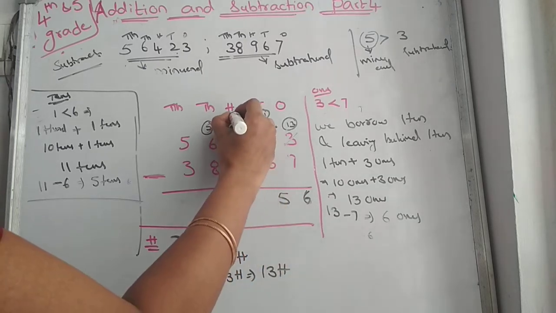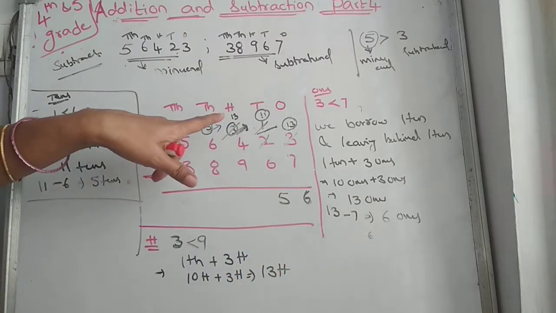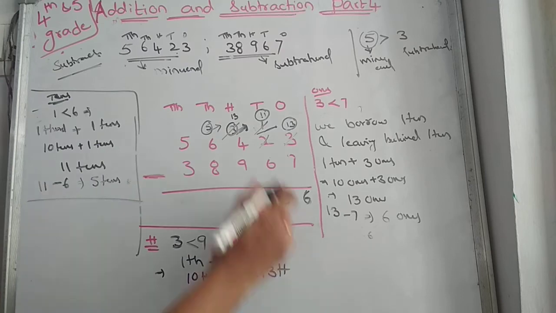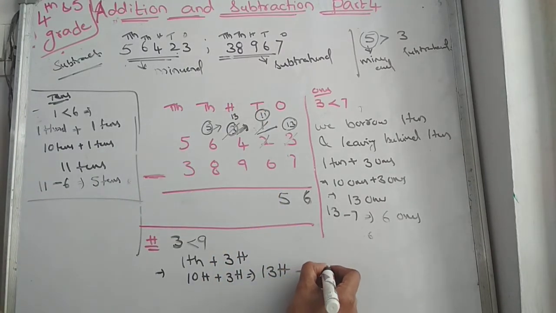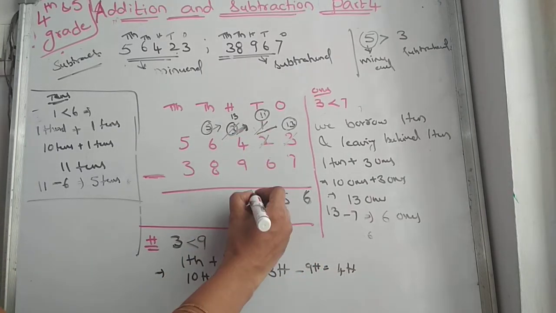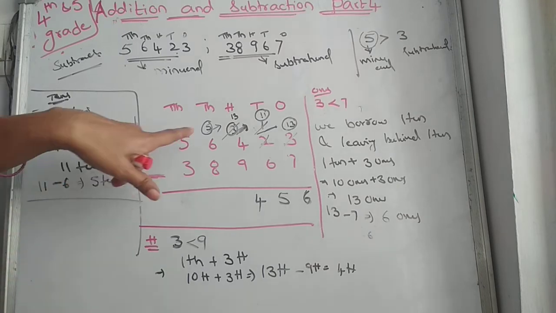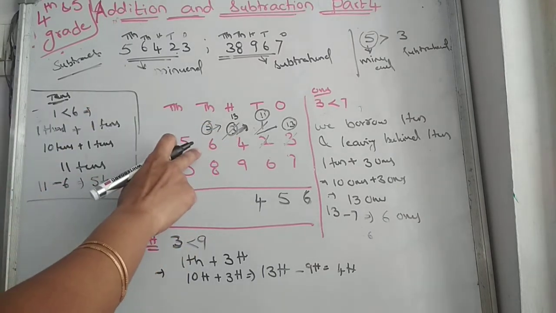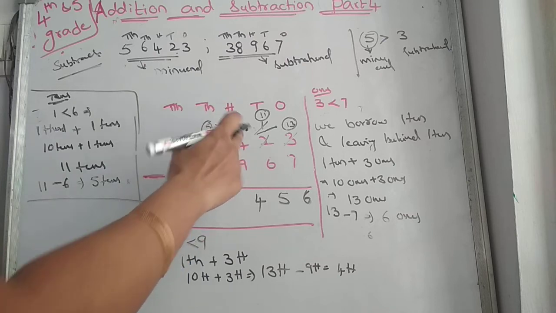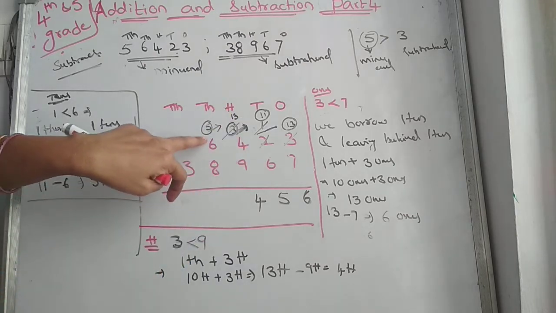So here the number will be 13. Now here we see 1300 and here 900. 13 minus 9, what will we get? 400. Here 1 will decrease because we borrowed 1 from 2 here.